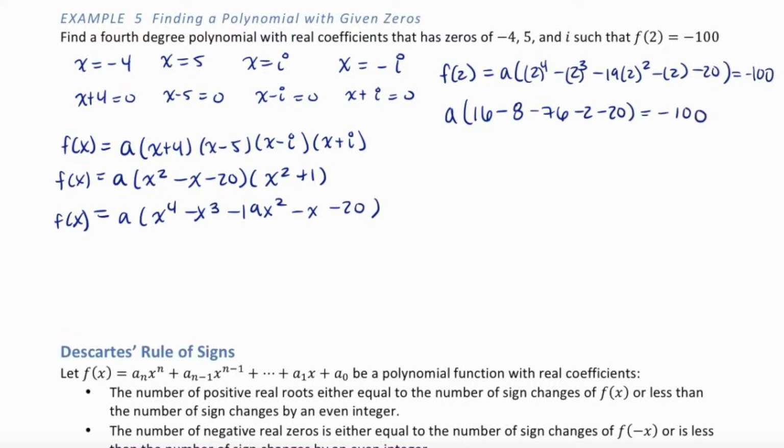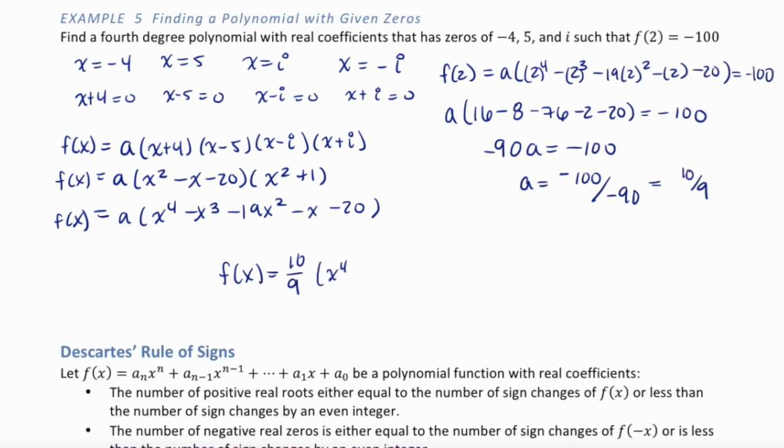After all this, you should end up with negative 90a equals negative 100. So a equals negative 100 over negative 90, which is just 10 over 9. So our final polynomial is 10 over 9 times x to the 4th minus x cubed minus 19x squared minus x minus 20.